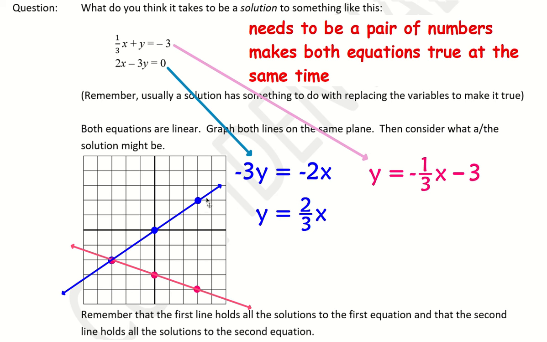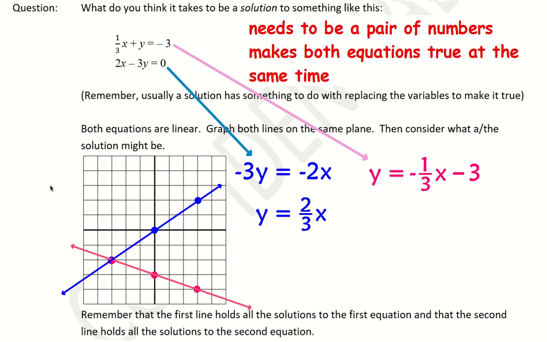So all the solutions that make this equation true are literally on this blue line. Same thing with the other one. All of the solutions that make this red equation true, literally you can find on the red or pink line. So doesn't it make sense that whatever point is shared by both lines makes both equations true and solves both equations? So it's really going to be that easy, people.